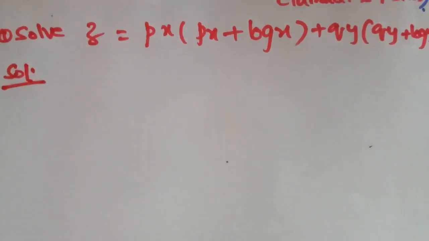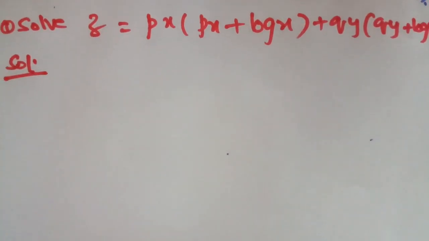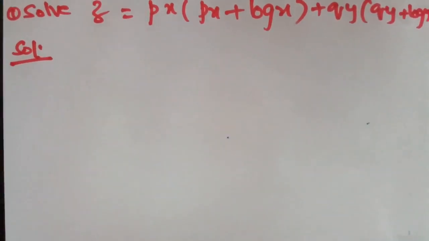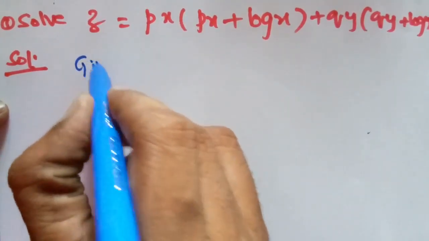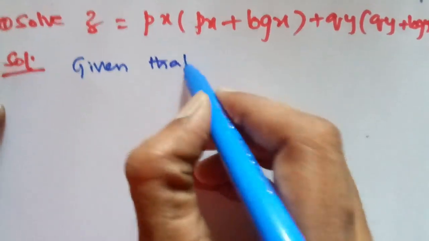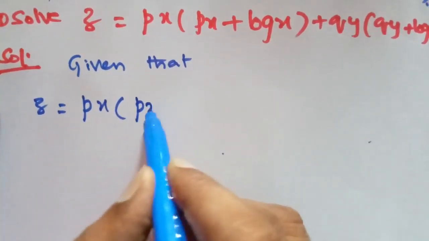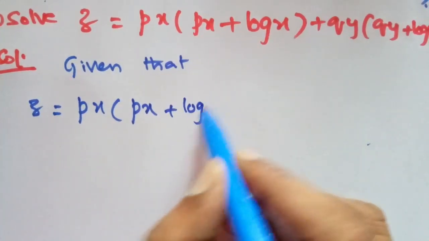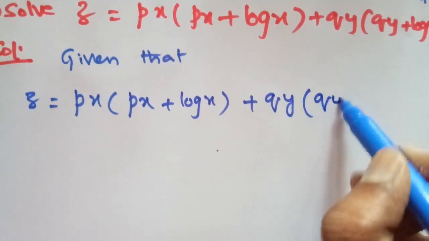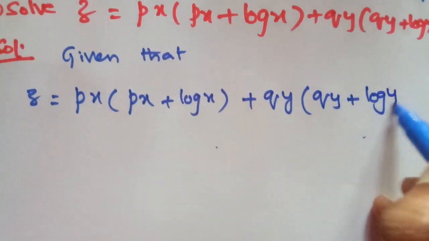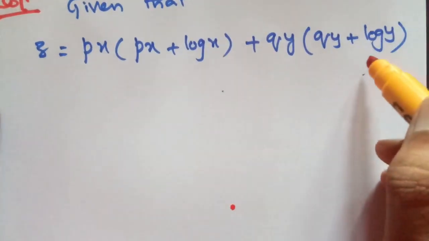So this does not belong to any one of the 6 above forms. Therefore, we can reduce this into standard form 2 by making a suitable substitution. Write down the given: z is equal to px into px plus log x plus qy into qy plus log y. Say this is equation number 1.